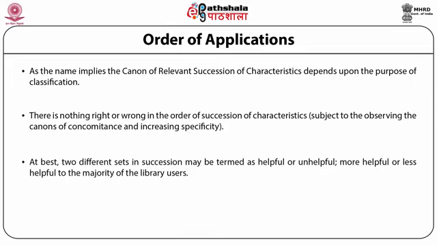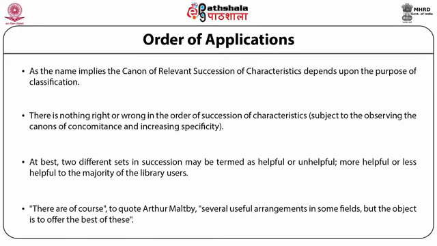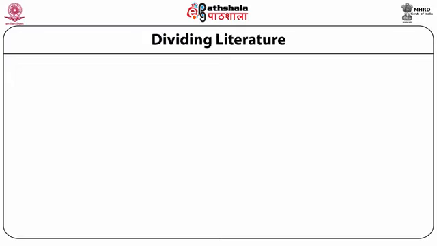At best, two different sets in succession may be termed as helpful or unhelpful, more helpful or less helpful to the majority of the library users. There are, of course, to quote Arthur Maltby, several useful arrangements in some fields, but the objective is to offer the best of these.